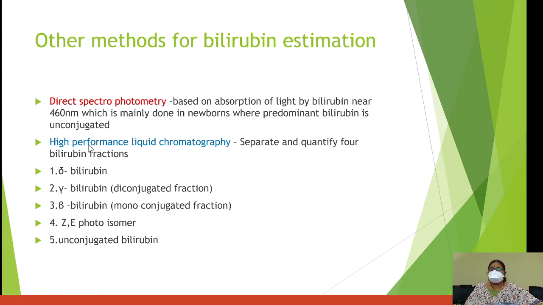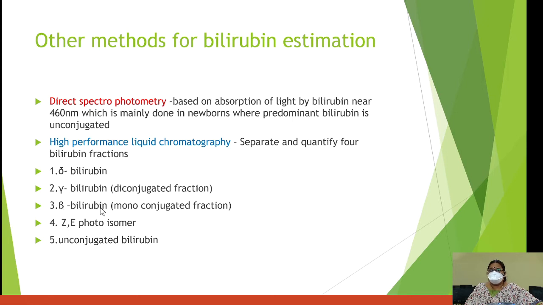Another method is HPLC. HPLC is the high performance liquid chromatography method, which separates and quantifies the bilirubin fractions. Delta bilirubin, which I already said is the bilirubin which is conjugated with albumin. Then gamma bilirubin, which is the diconjugated fraction.